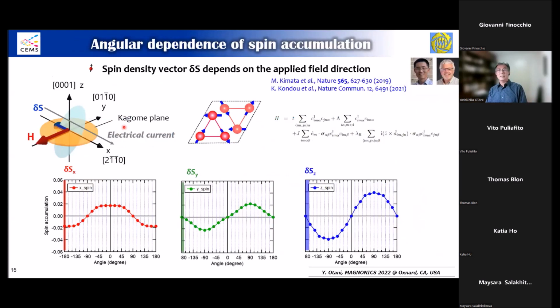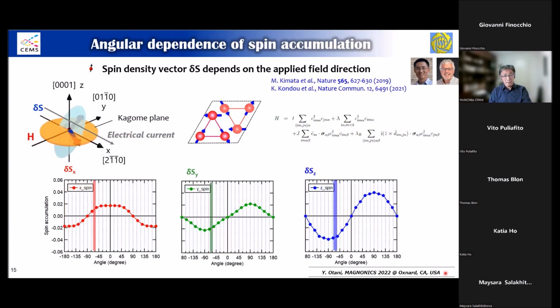To confirm this type of response, the angular dependence of spin accumulation was measured by STT, spin transfer torque measurement. The calculation showed this kind of variation when you change the magnetic octupole direction, as you can see in this cartoon animation. You see the X, Y and Z components. This one is the Kagome plane.